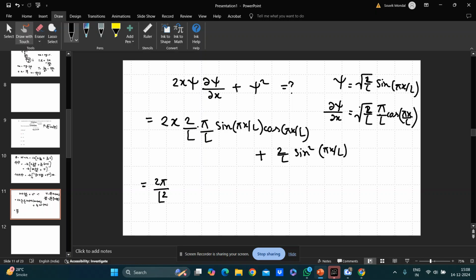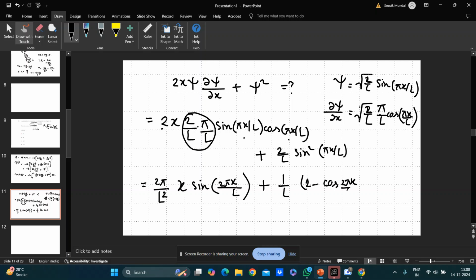Now 2 sine x cos x is sine 2x. So take this term common: 2 pi by L square x into sine 2 pi x by L, plus 1 by L, since 2 sine square theta is 1 minus cos 2 theta. So you have to do integration dx 0 to L.